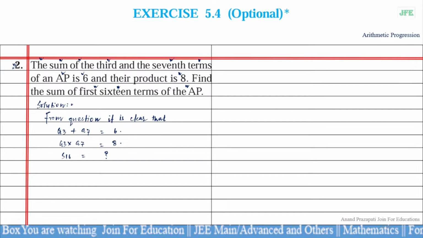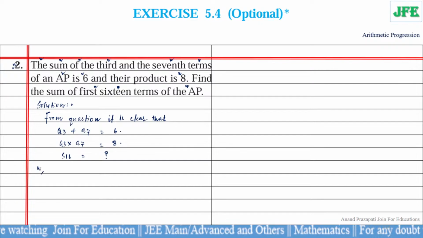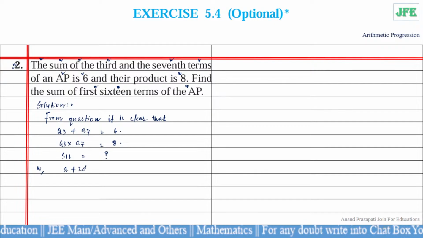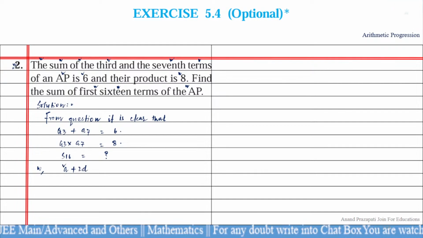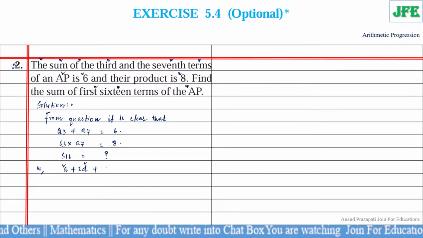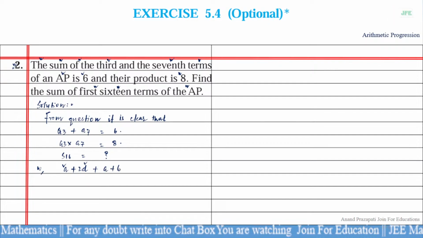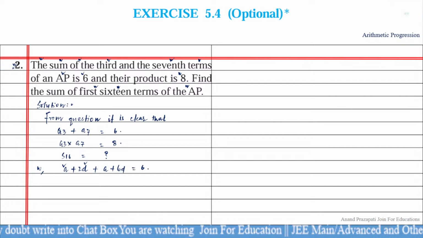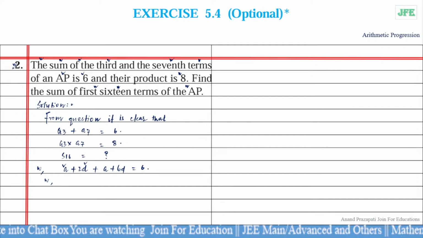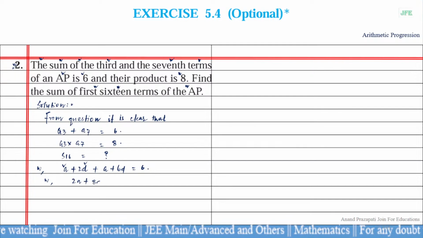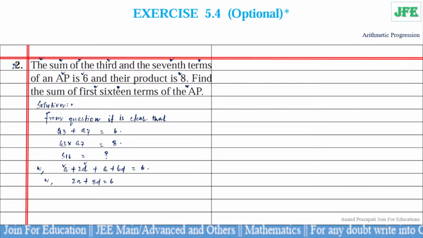So A3 equal to a plus 2d, where a is the first term and d is the common difference, plus A7 equal to a plus 6d equal to 6. Therefore 2a plus 8d equal to 6.